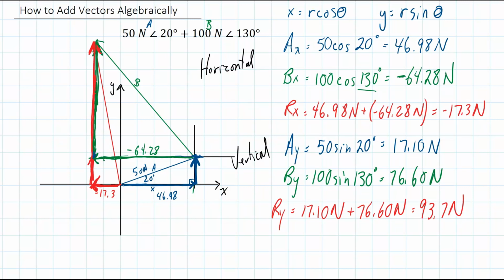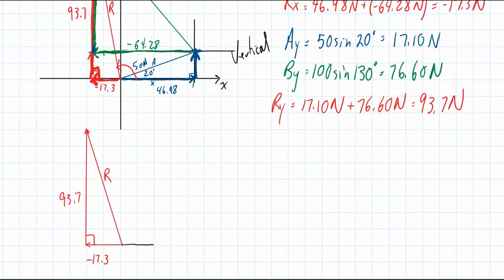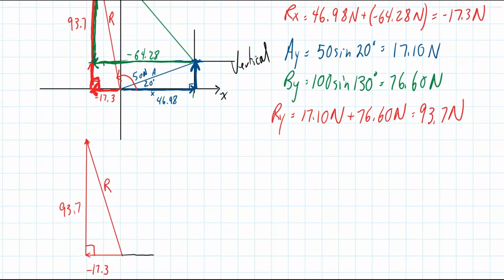All right, so for the resultant vector, we have the x component and the y component. If we know the x and the y, we can calculate the r, which will be a hypotenuse, and then we're going to have to find the angle. I've just moved down here a little bit to redraw the resultant vector and its component vectors, R sub x and R sub y up here. Notice that that's a right triangle.